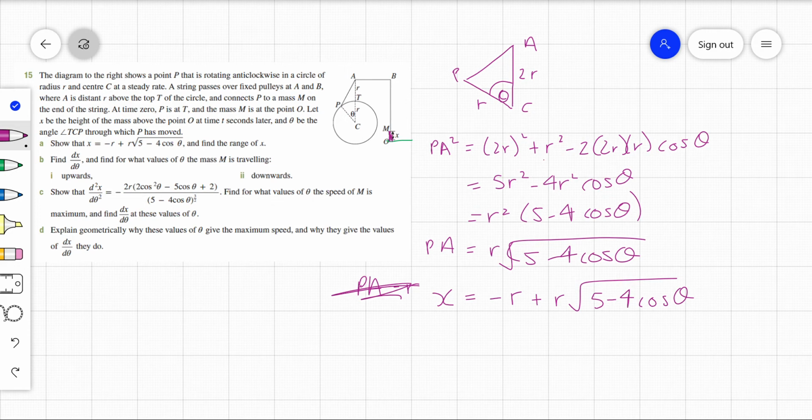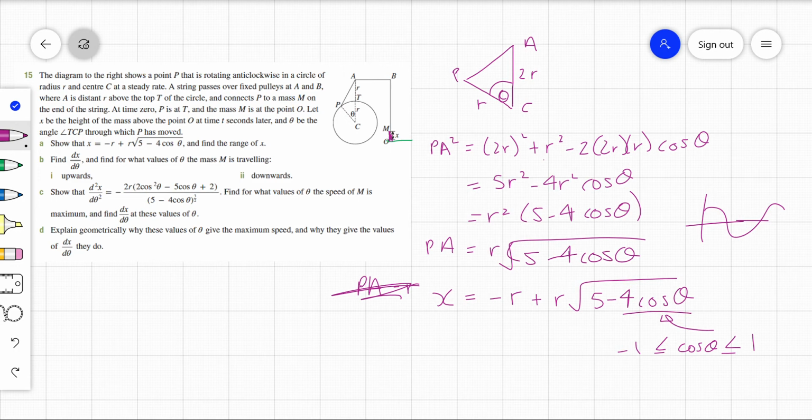And if you have a look at that, what is going to change here is cos theta. If you draw cos theta like that, we know it's always going between -1 and 1. So at the highest it's 1, at the lowest it's -1. Now if I pop 1 into there for cos theta, I get 5 minus 4, which is 1.